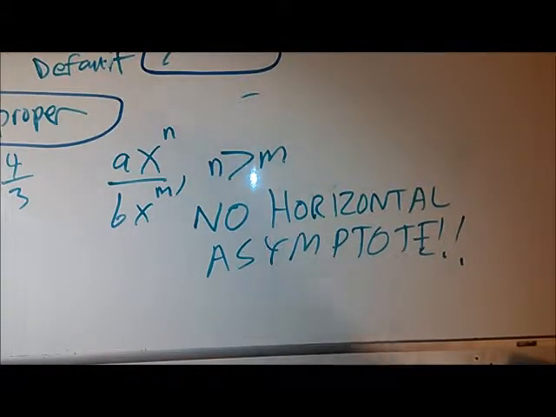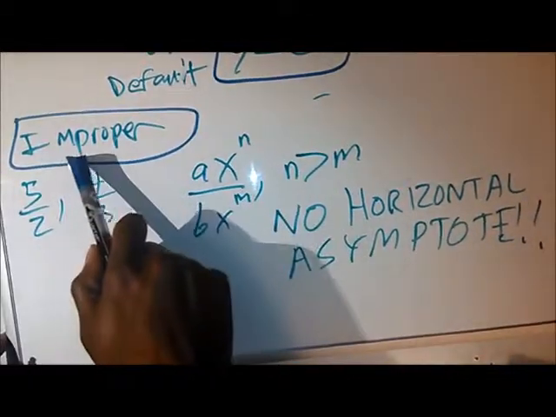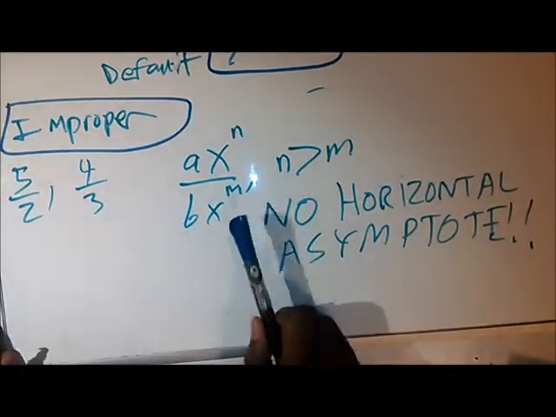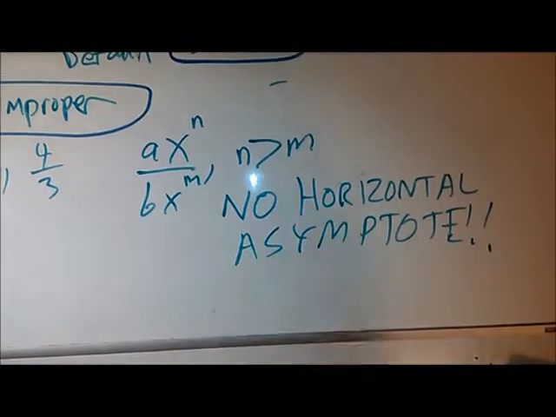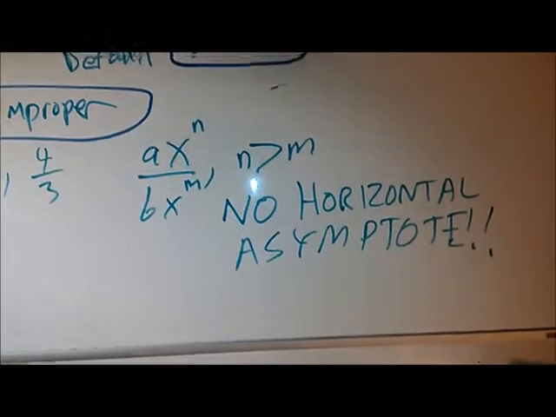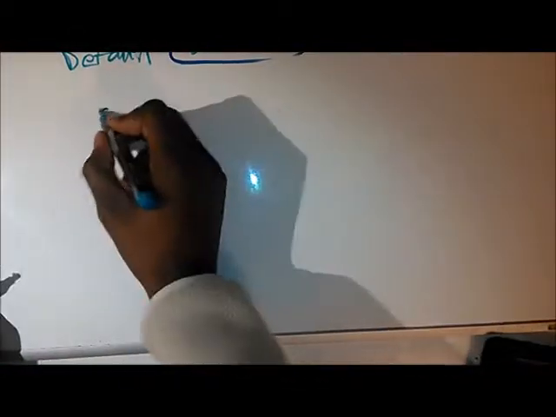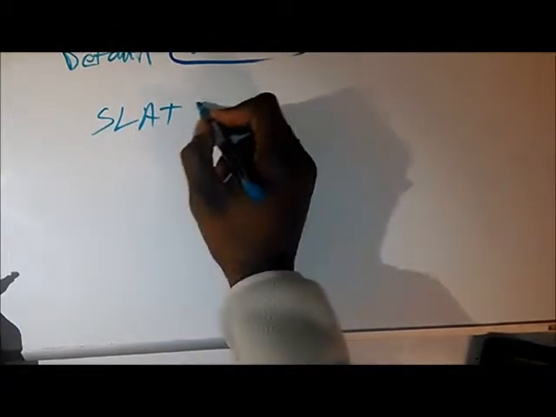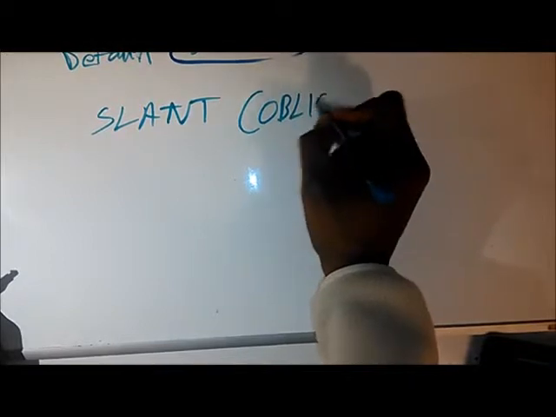Now, if it's improper, and n is greater than m, there is no horizontal asymptote. And if there is no horizontal asymptote, there could be a slant asymptote. Yes, there could be a slant asymptote. And sometimes they call slant asymptotes oblique asymptotes in your textbooks.